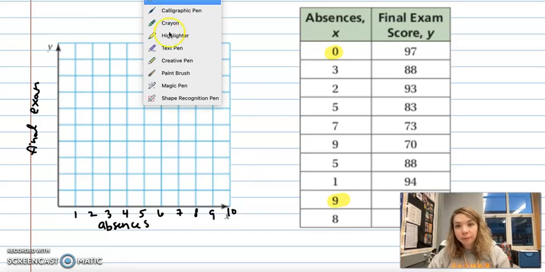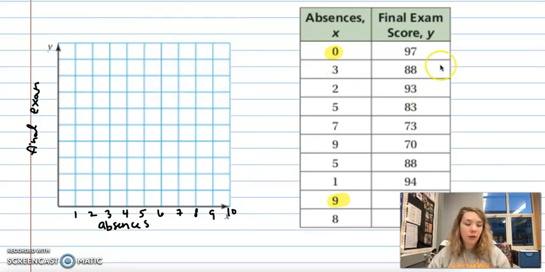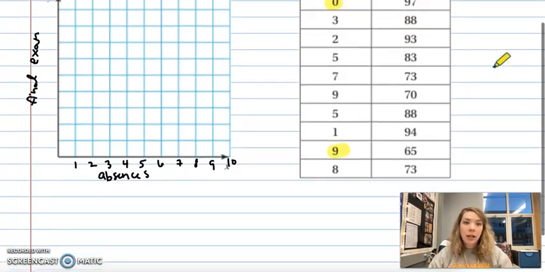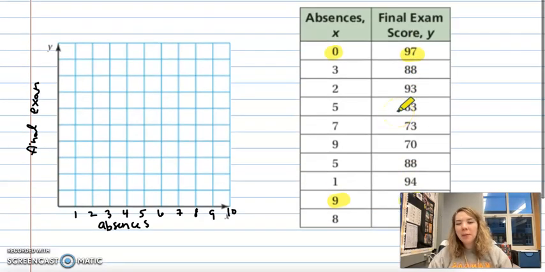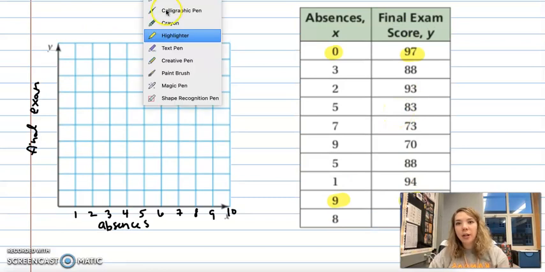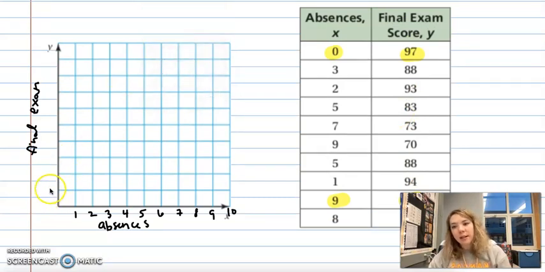Now for test scores can really range from a 0% to 100%. In our case, it looks like our smallest test score was the 65, and our highest test score is the 97 up here. That's a little bit cut off on your screen. Okay, but I'm going to go ahead and just call it 0 to 100. And since there's 10 grid lines, let's count by tens.